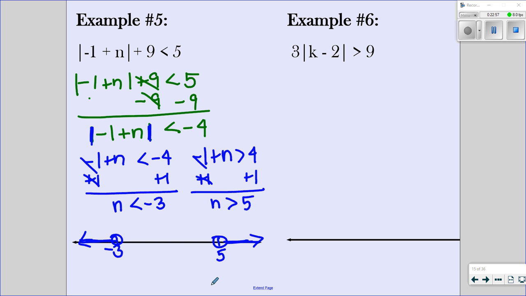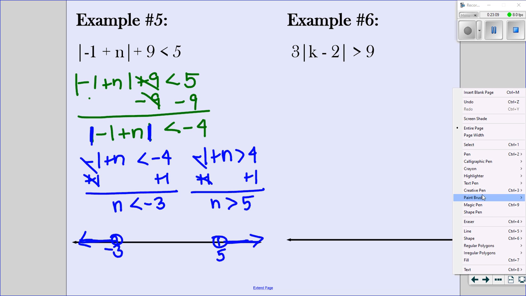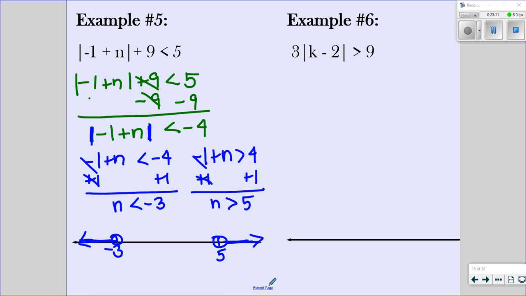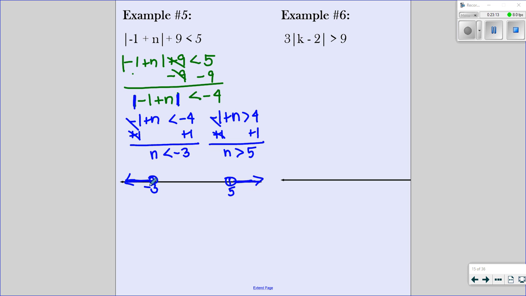Alright, so now if I were to plug in any number on this number line into that inequality, let's see what happens. So I'm going to choose 6 as my number for n and see if I come out with the correct statement.